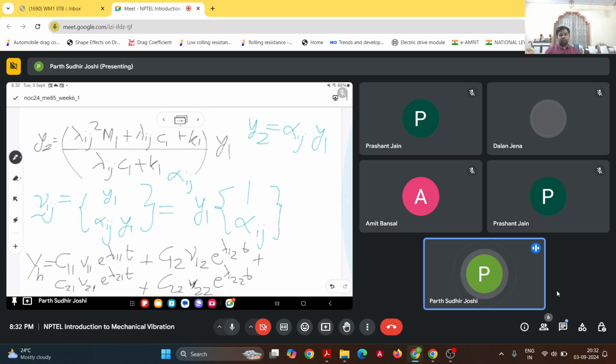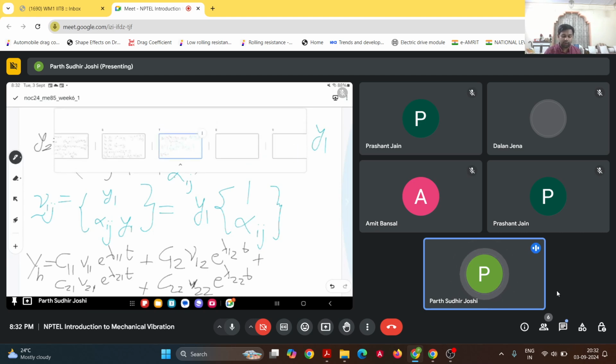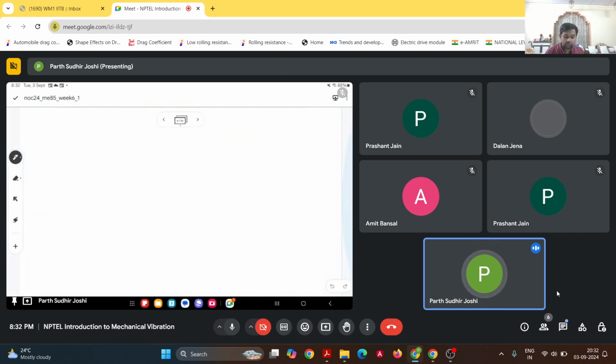So these are the solutions to the homogeneous equation, which represents the free vibrations, and similarly we have the particular solution, let us say yp, which depends on the nature of the force, which is harmonic force.